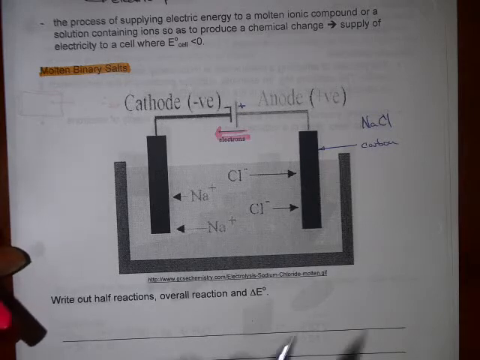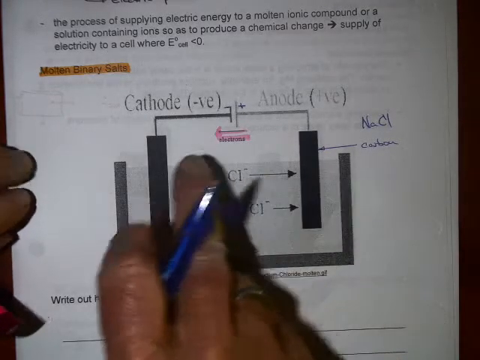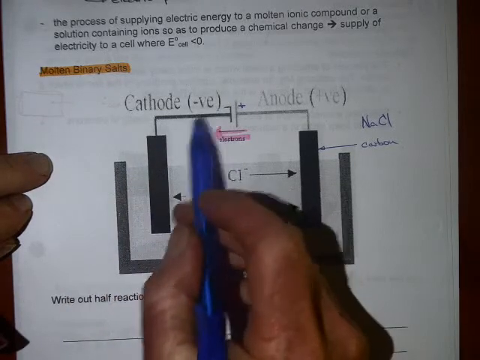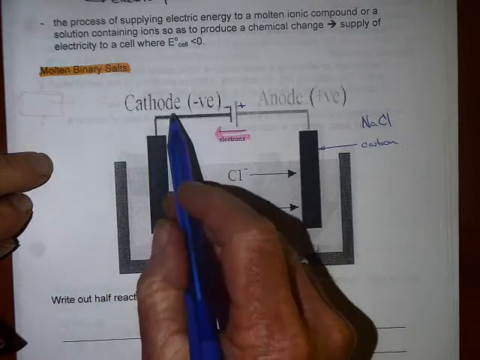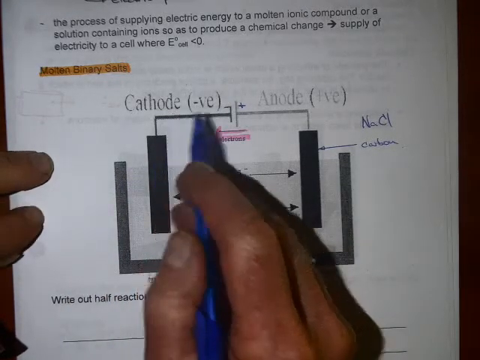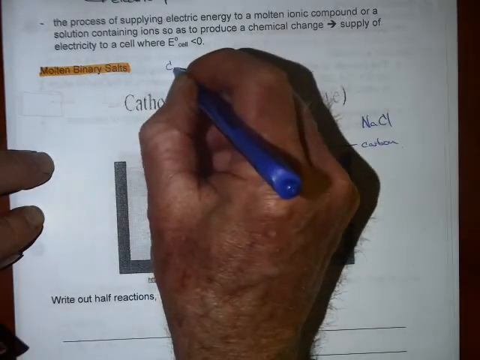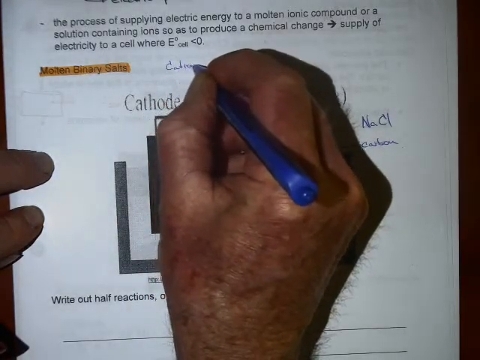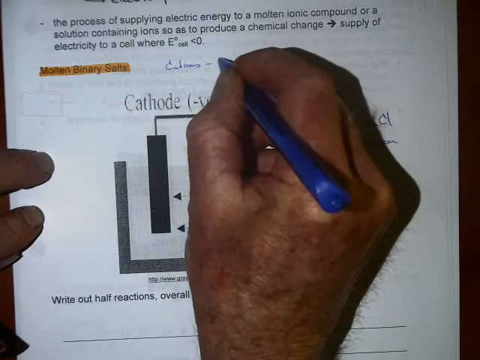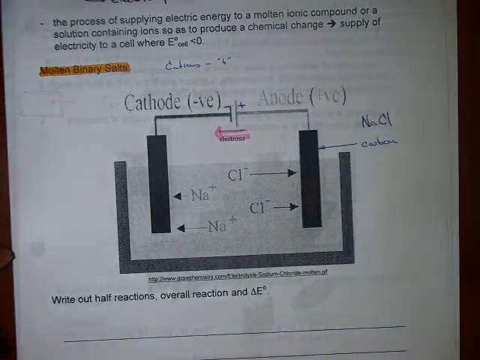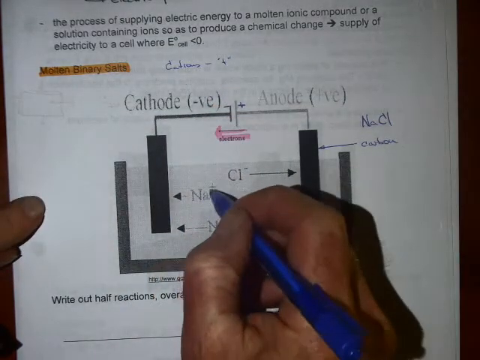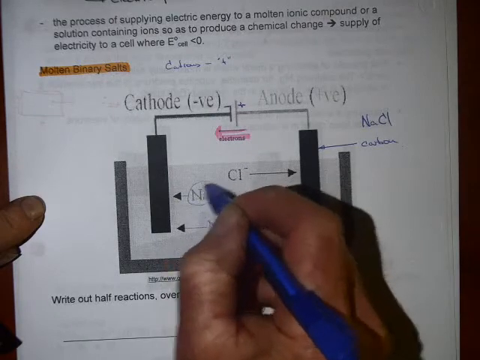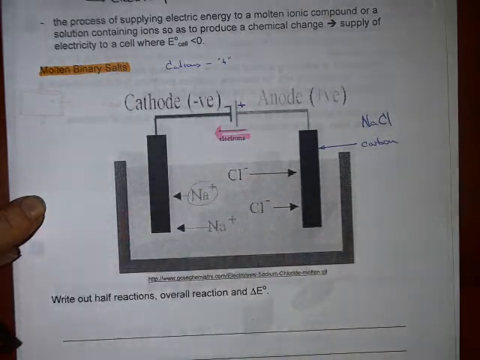And so the negative electrode is called a cathode, which is kind of funny because cations are positive charges. So the cations will go to the cathode.